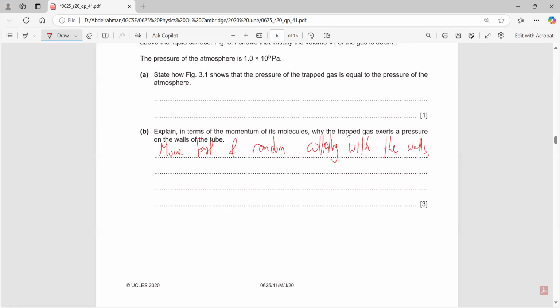They change their momentum. As they change their momentum, what happens? Causing a force over an area, which is pressure. So this is the only part of this question in which you are required to solve.